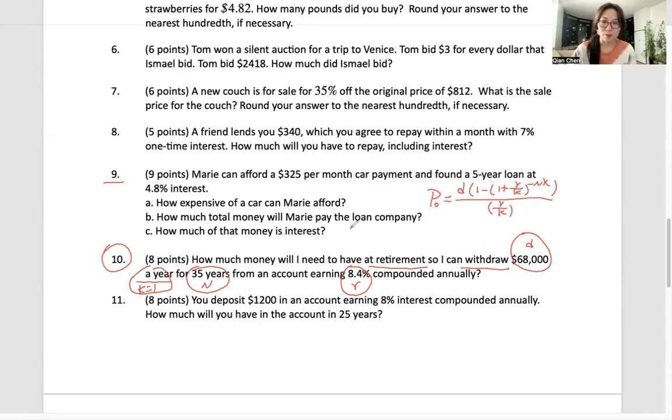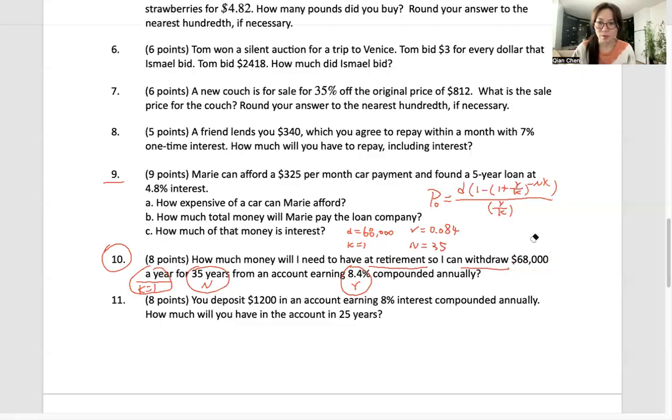We know D equals 68,000. We know K equals 1. We know R equals 0.084. We know N equals 35 years. So just plug in.